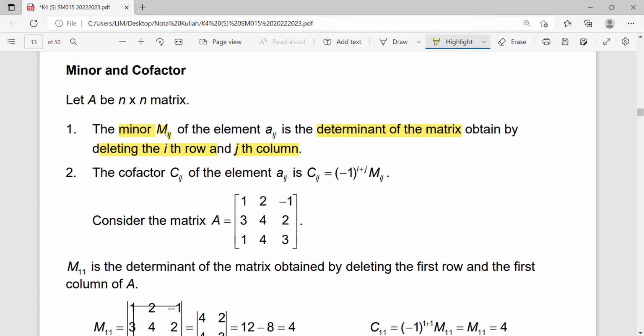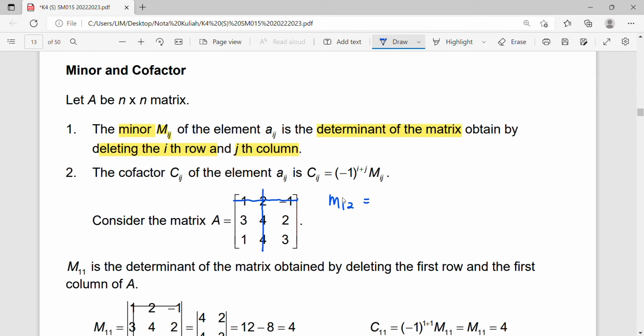So let's say this is my square matrix A here, 3 by 3. Let's say I say M12. It will be eliminating, or I call it deleting, the i row and j column, so first row and second column.